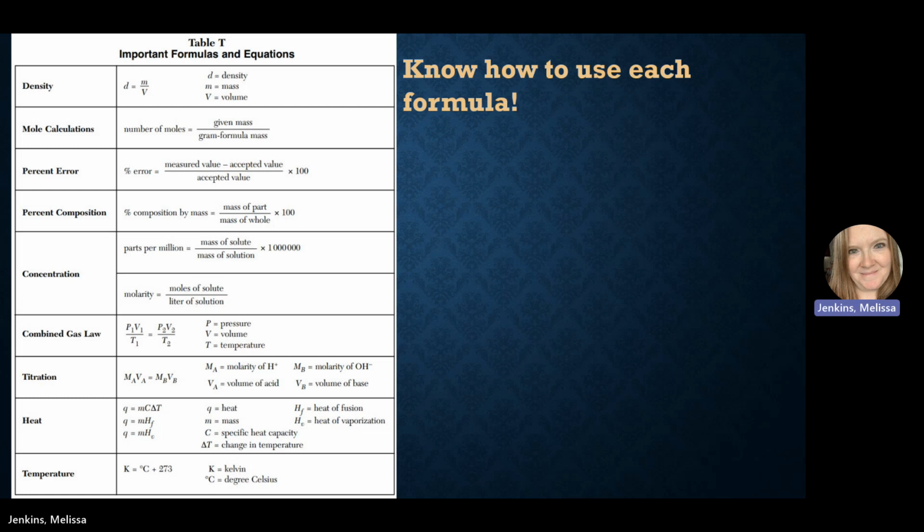Here is a spot where people make a mistake when it says solution. They're not asking you about the water itself, they're asking about the whole solution. And the solution includes the solute and the solvent. So if they have separated them in the question, you have to add them back together before you do the math, okay?